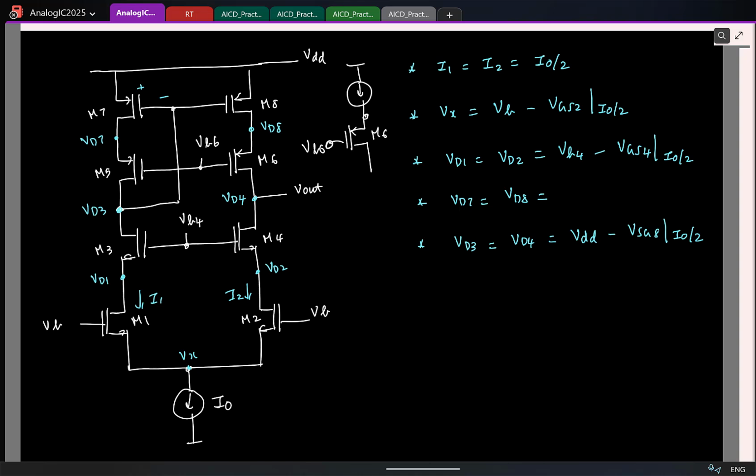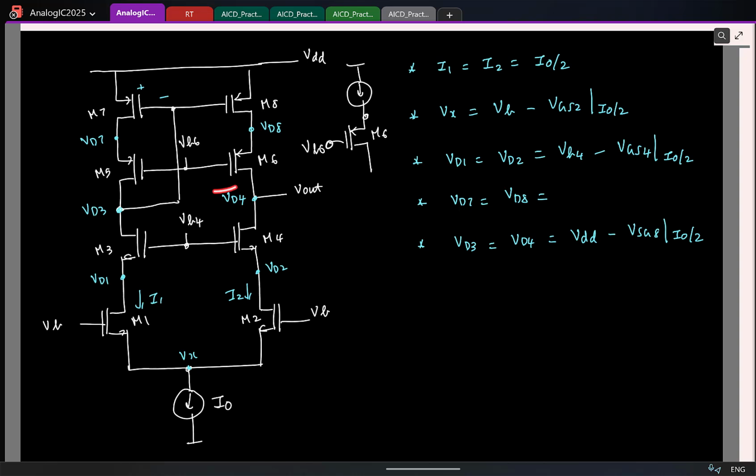So what is now this voltage VD8? Can you tell me what is VD8 equal to? You just told what is determining this voltage VD8? VB6. So this is VB6.